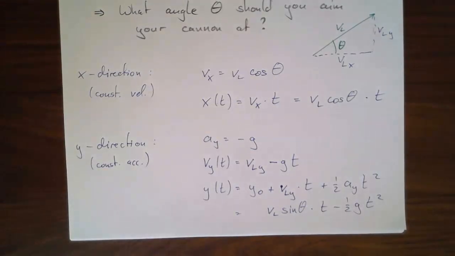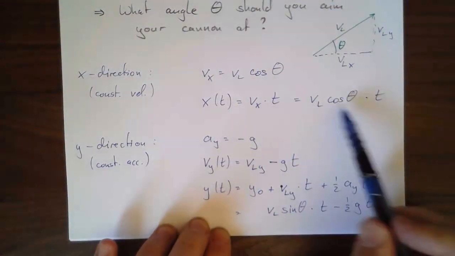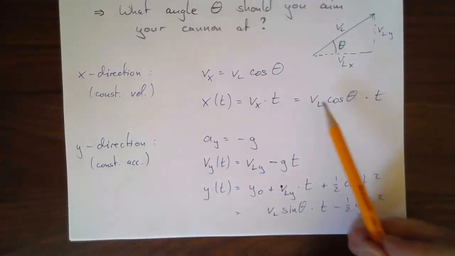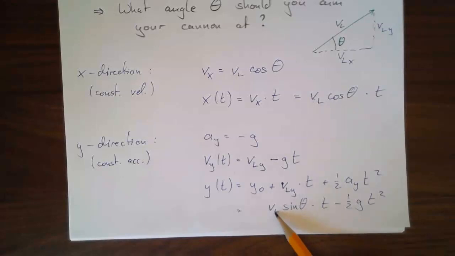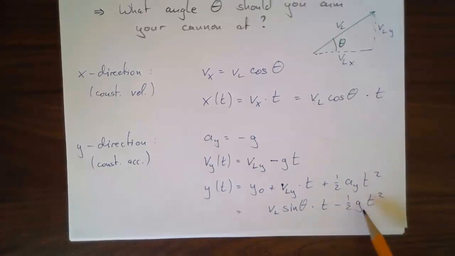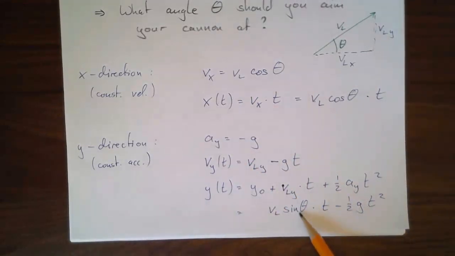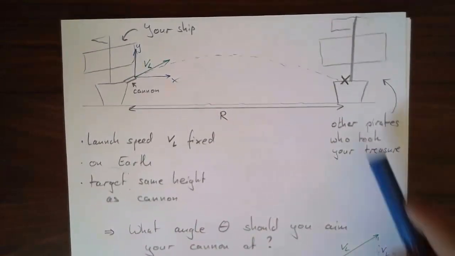Alright, so I have an expression for the x position and an expression for the y position. And everything is now in terms of things we assume are given, namely VL here, and g, and then the time, since these are both just functions of time, and finally the angle, and that's the thing we're trying to figure out. So now we need the condition. We translate into math the condition to hit that target.